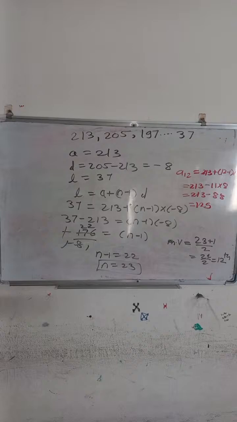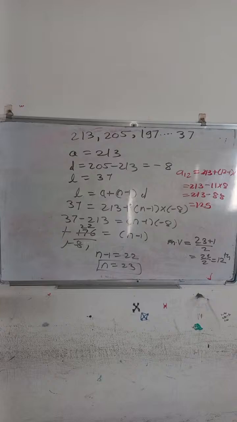Write down the first AP: 63, 65, 67 and so on. And the second AP is given: 3, 10, 17 and so on.